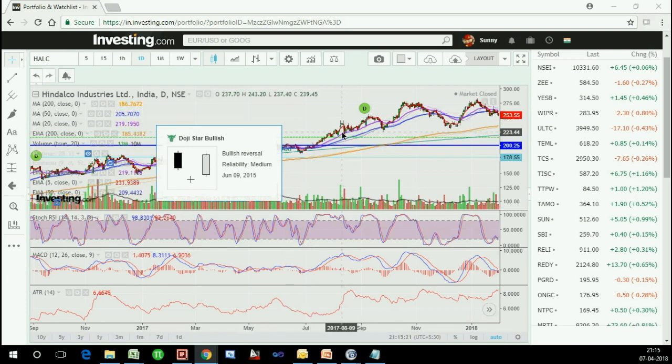So what trade am I going to take? Maybe I will go for a continuation trade. Or maybe at this point, you see the indicator, stochastic RSI, it is telling me it has come into an overbought zone, right? It is overbought.